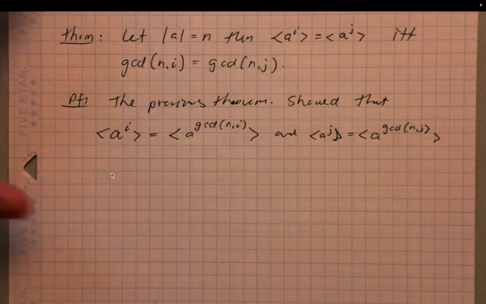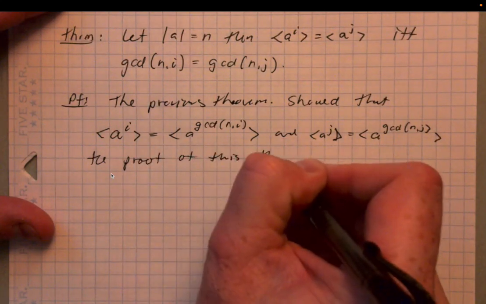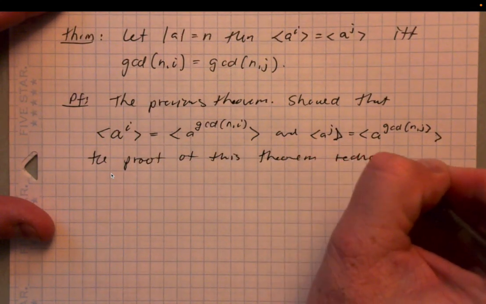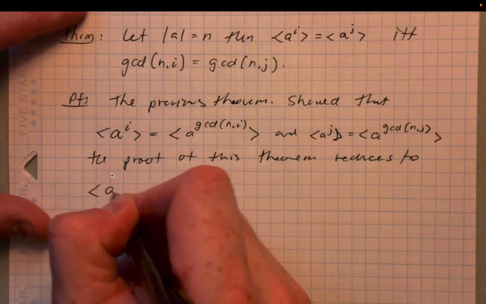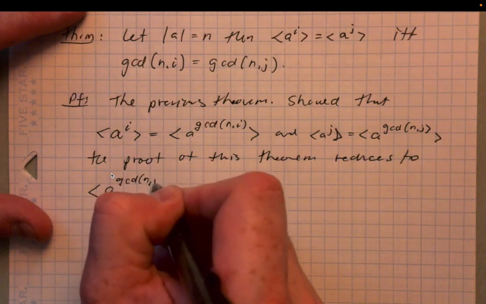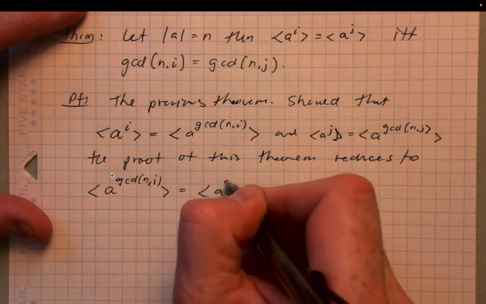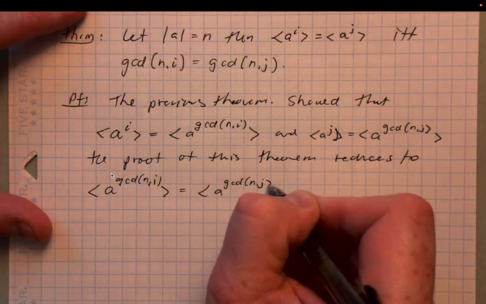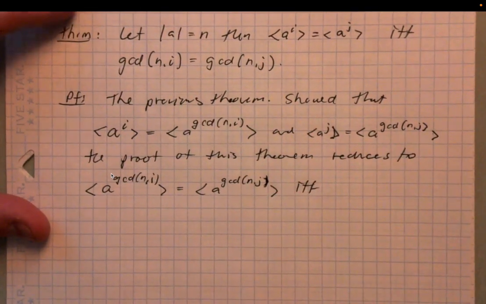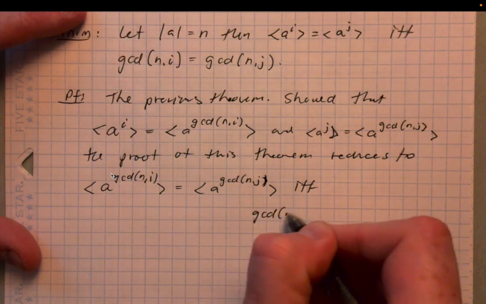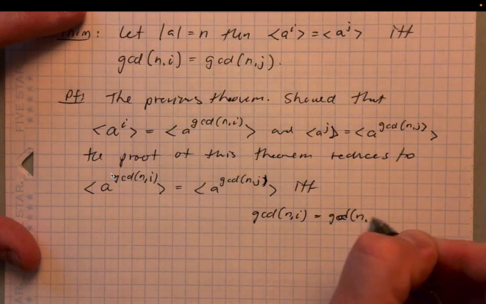So really, the proof of this theorem reduces to basically a to the GCD of n and i equals a to the GCD of n and j if and only if GCD of n comma i equals GCD of n comma j.